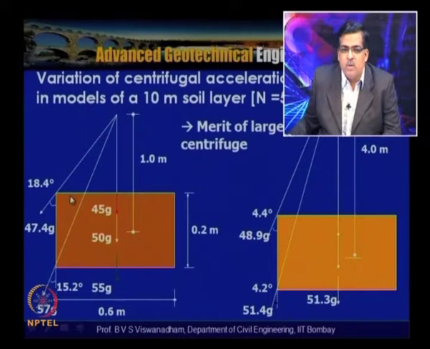For a radius of 1 meter, here it is 45 gravities and here it is 47.4 gravities. Similarly, here it is 45 gravities, at the bottom it is 55 gravities, because here it is R omega square and here it is R plus 0.2 omega square.